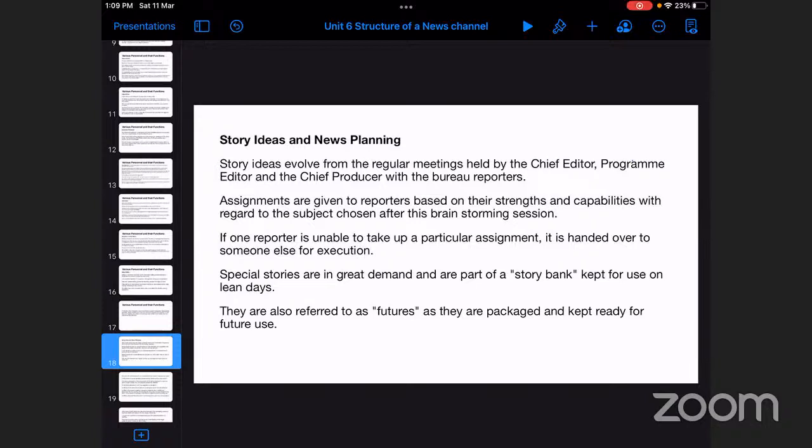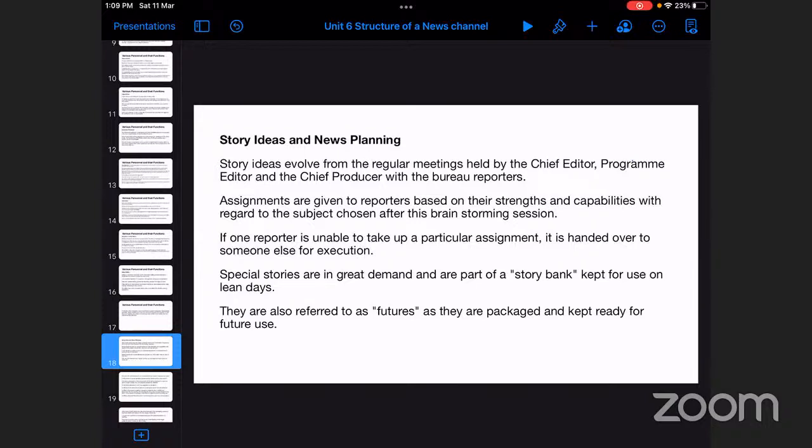In the beginning we also discussed that every day, in the early hours of the shift, the planning editor, input editor, output editor, executive editor, and even the news editor sit together and decide for the day. That idea is the agenda. The agenda will be sent to the reporters every day morning. This happens because they have to think differently from other channels, right? Only then will it survive in the market, and they need to get different stories.